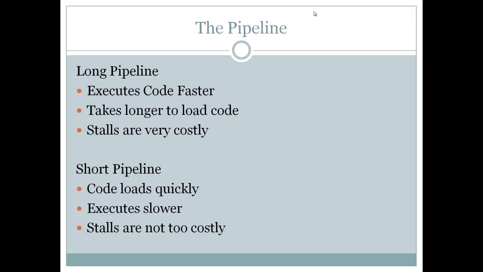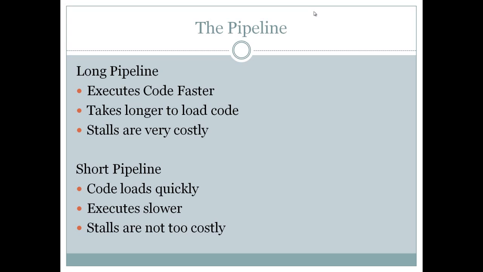Because of how long it took to load the code, when you had a cache miss on a Pentium 4, you could actually feel it. The whole computer would stall out a little bit. It would get very, very slow for a second, and it was kind of an unsavory user experience. Shorter pipelines, code loads fast, doesn't execute as fast as the Pentium 4 pipelines did.